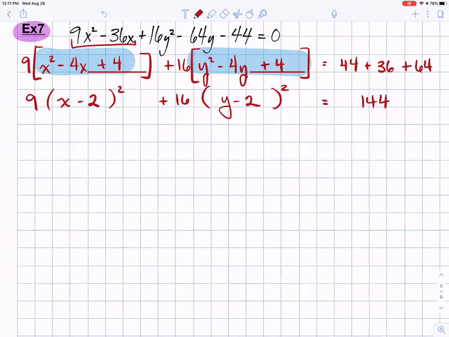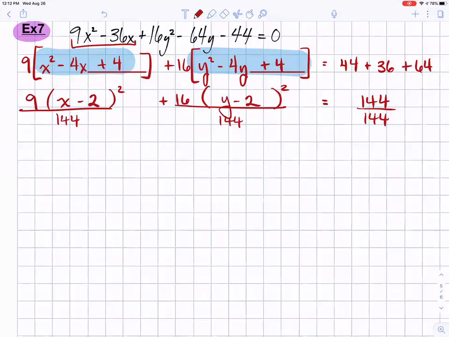What's the last thing I need to do? Divide everything by 144, because I need that 1 over on the right side. All I really care about is reducing the fraction 9 over 144. You can use your calculators.